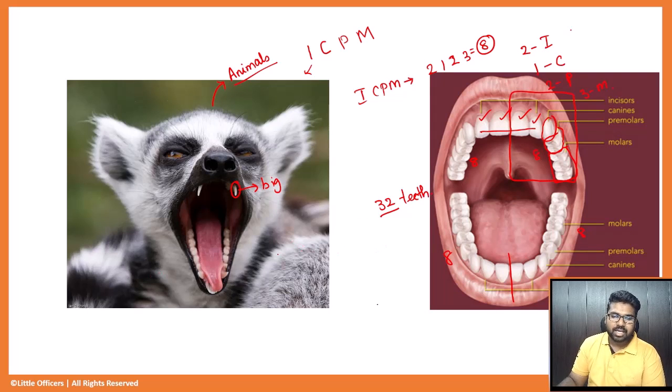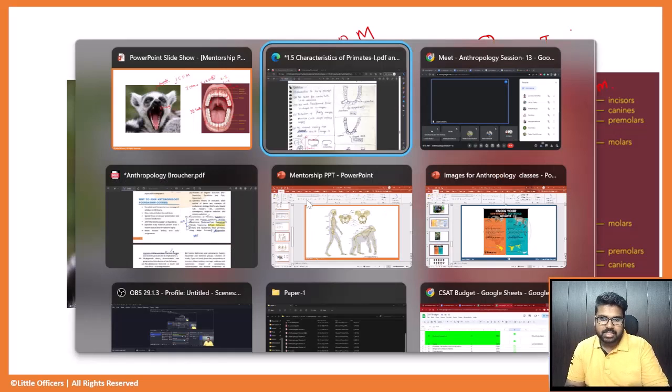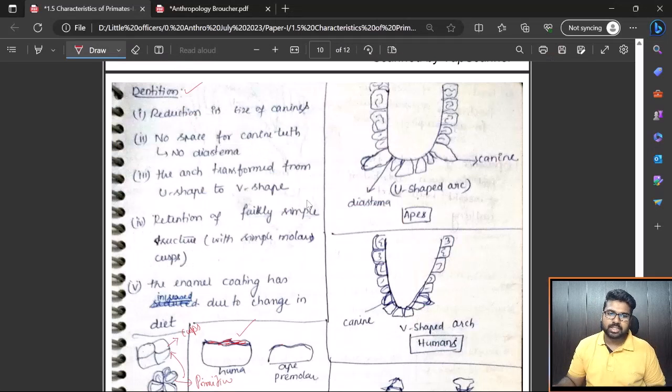But this is not true in case of other animals. Okay. In some animals the formula may be the same, or the formula may differ, but there is a clear cut change in the dentition. Let us look at what changes have happened in the dentition. First, see the canine teeth in case of chimpanzee. This is the dental arcade and teeth of the ape. In case of apes, the canine tooth is very big.